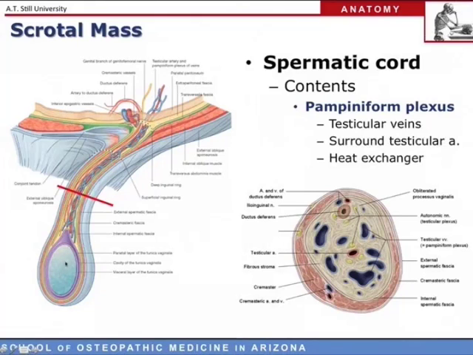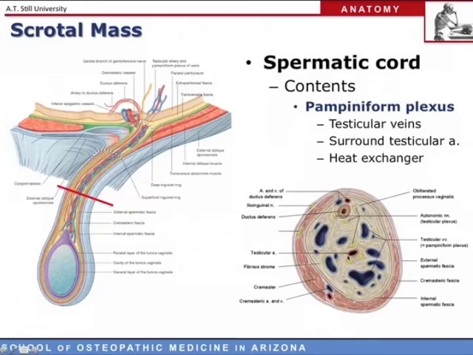Well, we don't want it to be, so what we have is this ingenious heat exchange mechanism here. The warm blood is coming down through the testicular artery, but the testicular veins, these pampiniform plexus of veins, are already cooled, and so as they return back into the circulatory system, there's this temperature differential between the artery and the veins, and so that's a great way for this heat exchange.